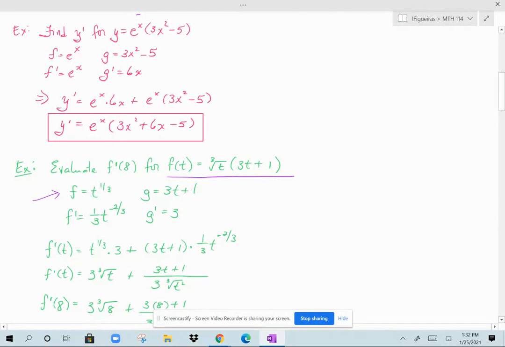So that's equal to t to the 1/3. And my g is the second piece, so that's 3t plus 1. I wrote f prime below, that's 1/3 t to the negative 2/3, so I've applied power rule to that. And then the derivative g prime is just 3.